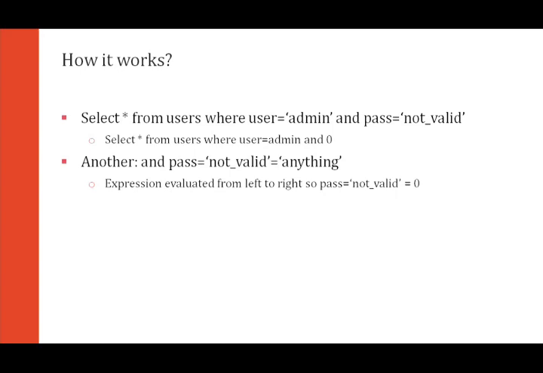So MySQL is going to say, okay, user equal admin, yes, that's true. Then it's going to move to the right, and it's going to say, okay, password equal and not valid. That's 0, which is not true. And then it's going to say, okay, 0 equal to the right side. As we can see in the right side, we have anything.